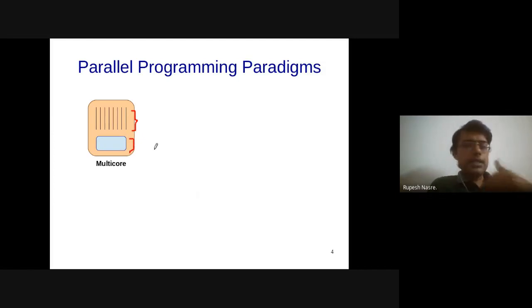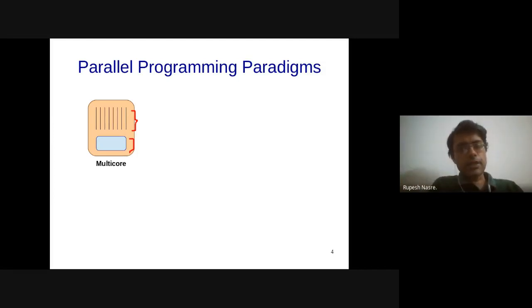This memory is shared across all the cores, which means that if I write from one core, say from a thread running on a particular core, to some memory location in this memory, which we call DRAM, dynamic RAM, or shared memory, then that write is going to be visible sometime in future to the other core.